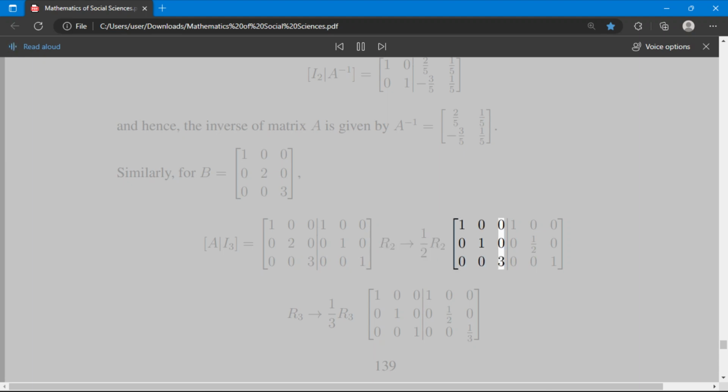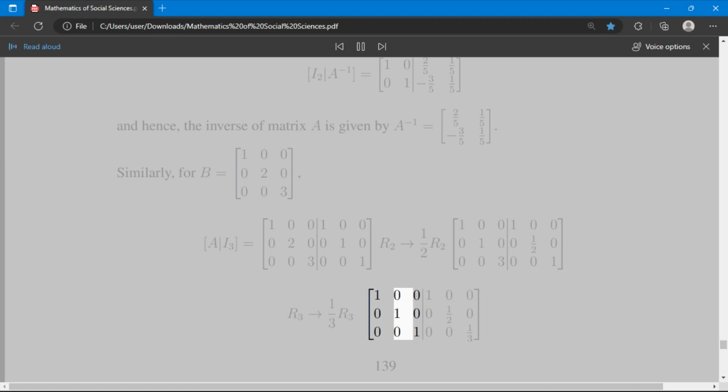R2 rightward arrow 1/2 R2, 1 0 0 0 1 0 0 0 3, 1 0 0 0 1/2 0 0 0 1.